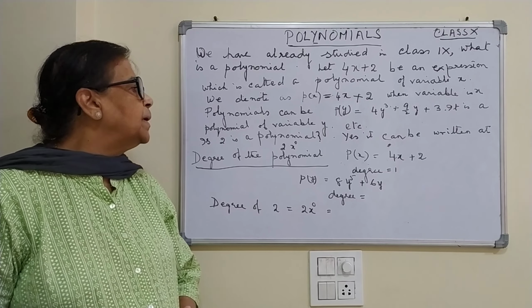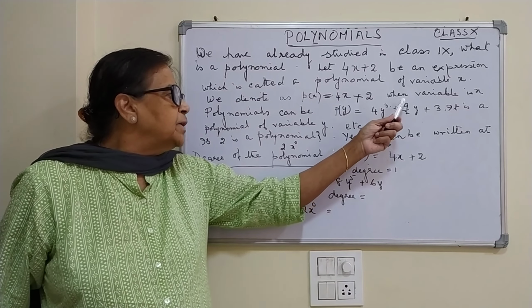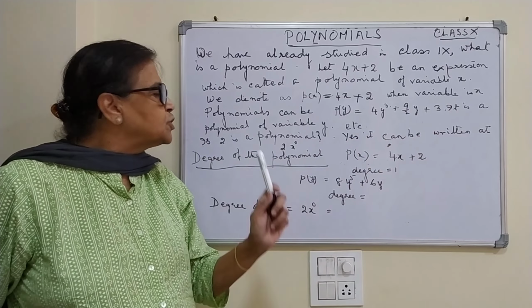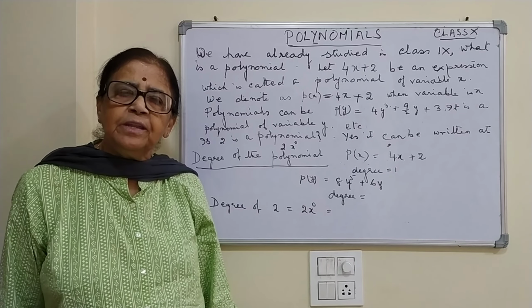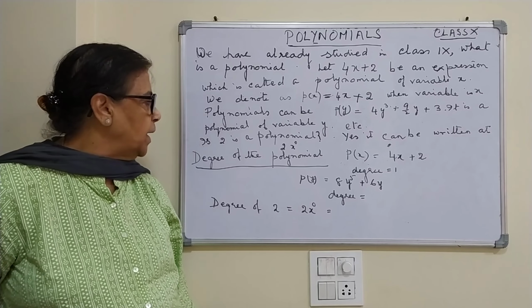Now polynomial p of y is 4y cube minus 9 by 2 y plus 3. It is also a polynomial, but its variable is y. Then we write it is a polynomial p of y.